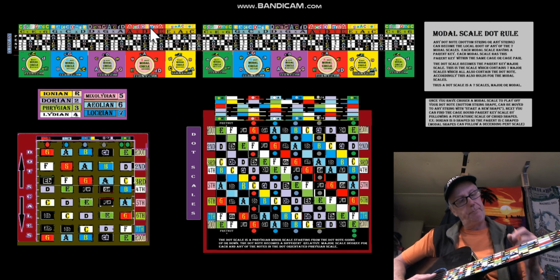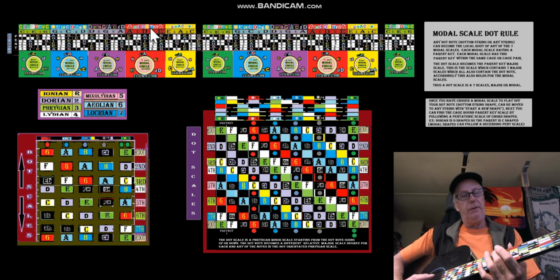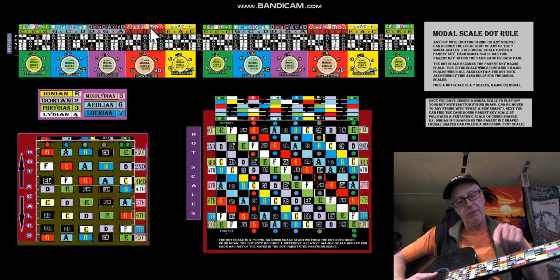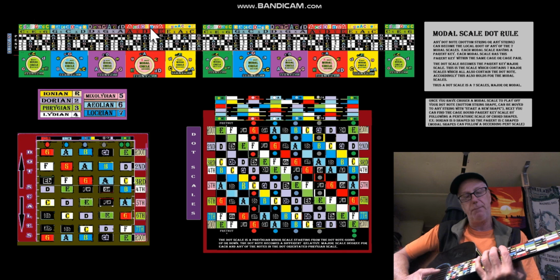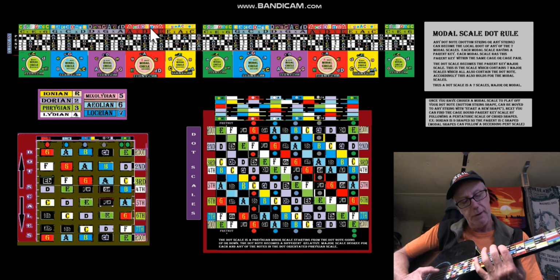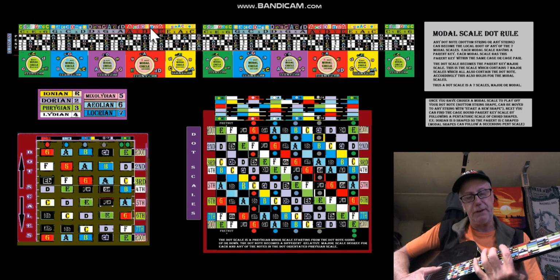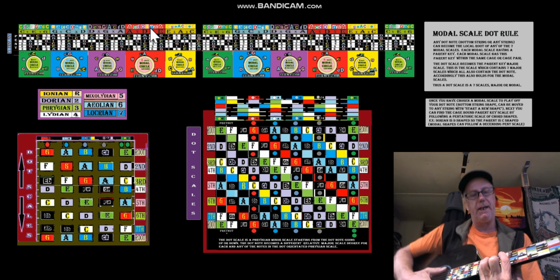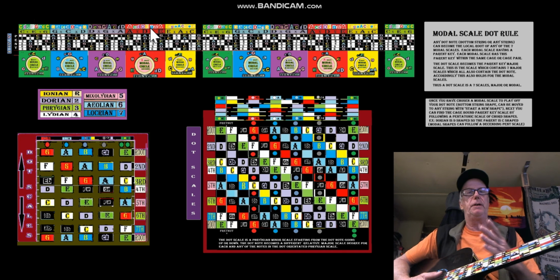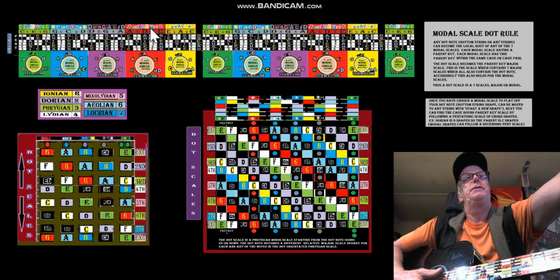Then you basically consider that low string underneath the dot as the third, and you can start your C shape from there. If you start your C shape from there, that should give you a Phrygian scale, and it also should give you a C-shaped root there, like that.